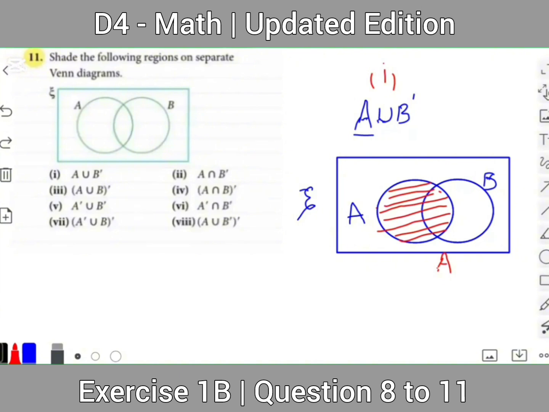Now for the B complement. We will draw a rectangle that represents the universal set eta.